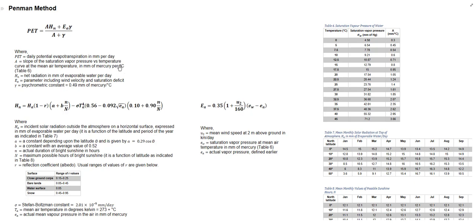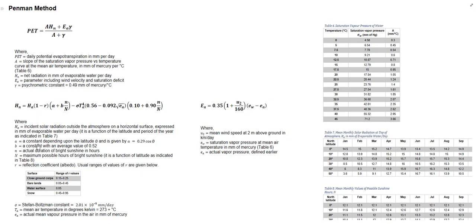And this value can be taken from table number 6, and H sub n is the net radiation in mm of evaporable water per day, which can be computed using this formula wherein H sub A is the incident solar radiation outside the atmosphere on a horizontal surface, and this is expressed in mm of evaporable water per day. And this can be taken from table number 7.